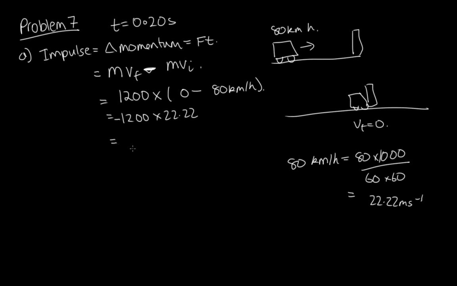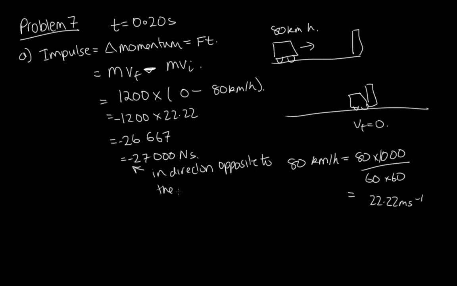Solving that on the calculator, we end up with 26,667, which is equal to 27,000 Newton seconds, and that negative sign indicates that it's in the direction opposite to the direction the car was initially travelling in.